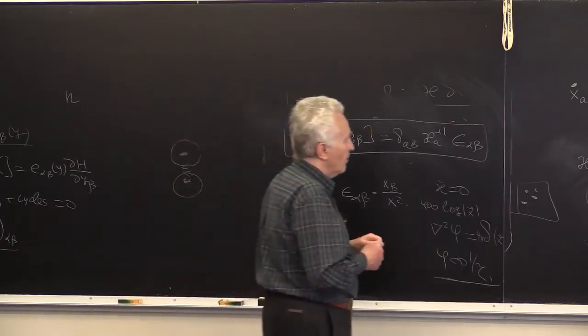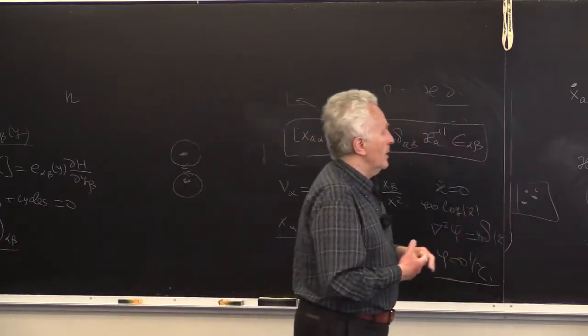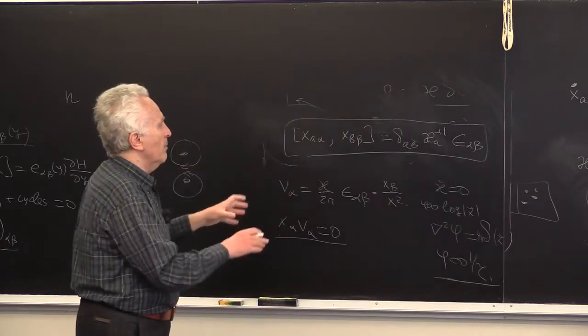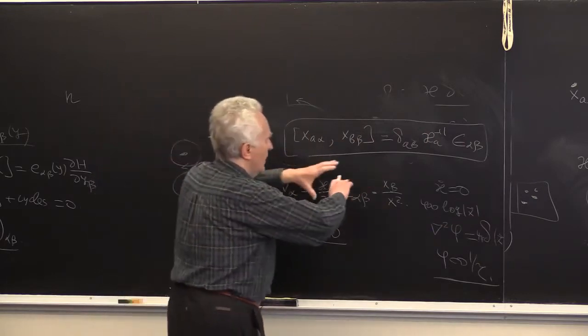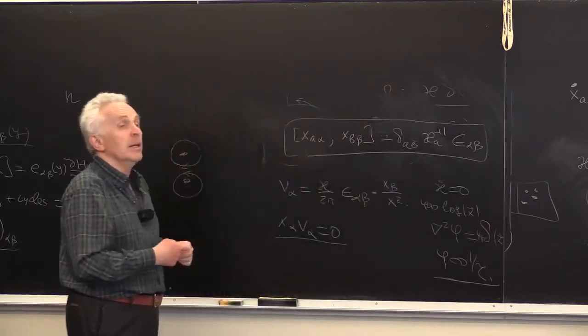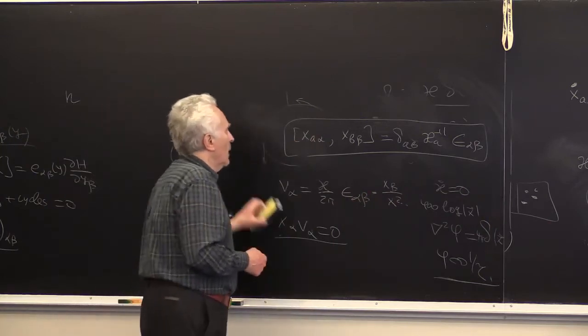And the phase volume in this case will be simply the area occupied by the vortices.